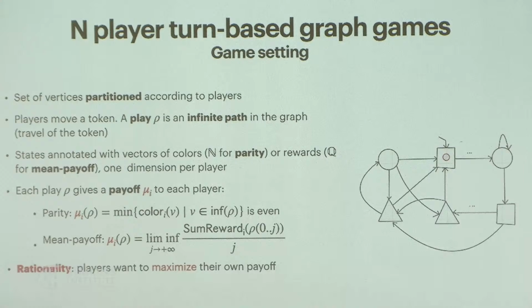Roughly, by rationality, I mean that players want to maximize their own payoff in this setting. We will see what it really means formally later on. Okay, so that's for the setting.